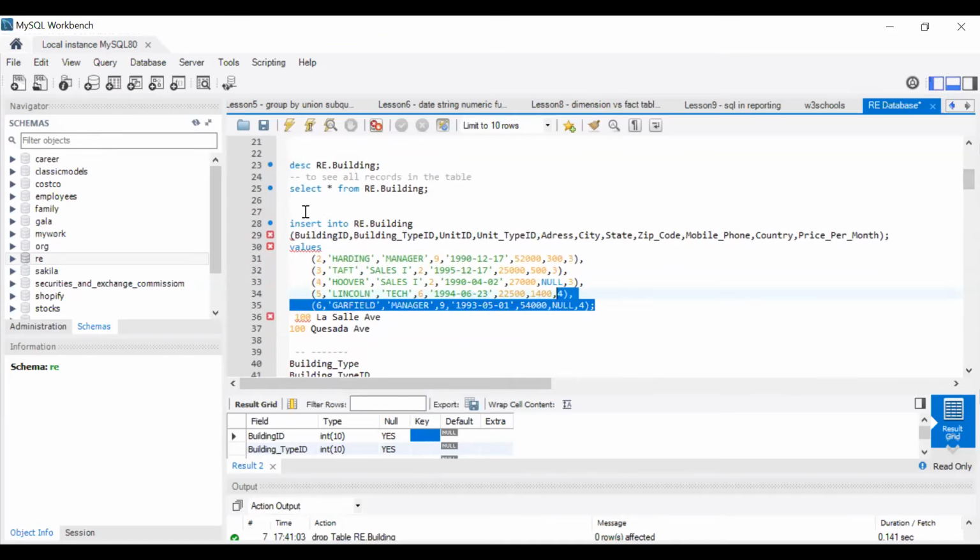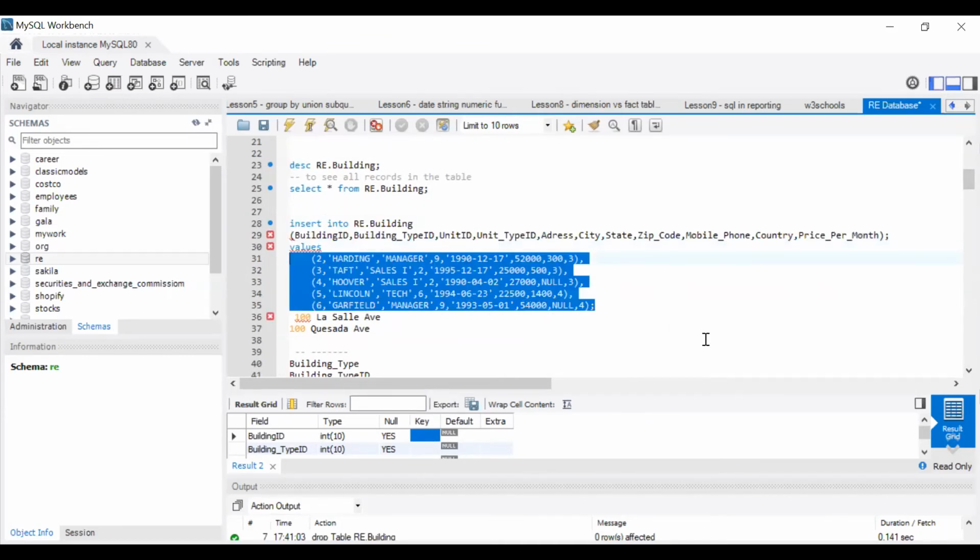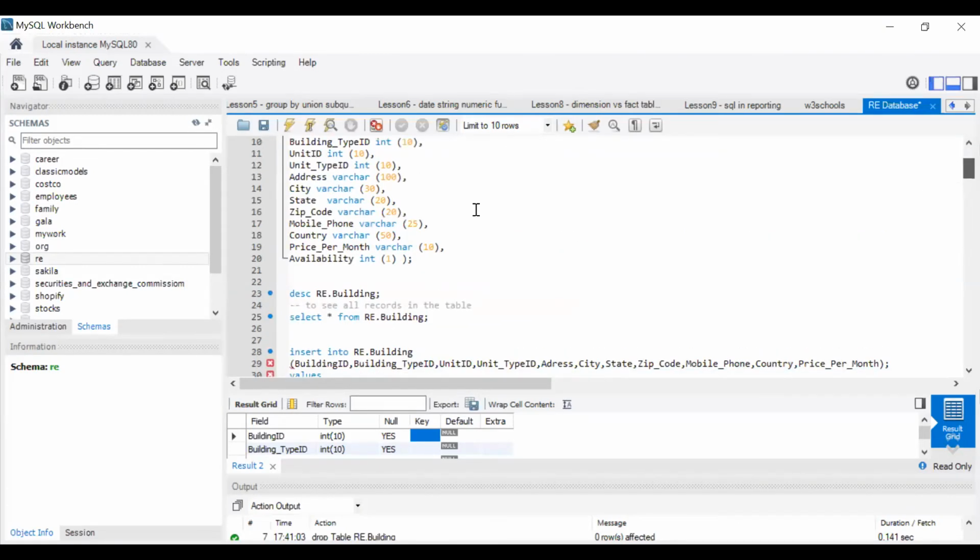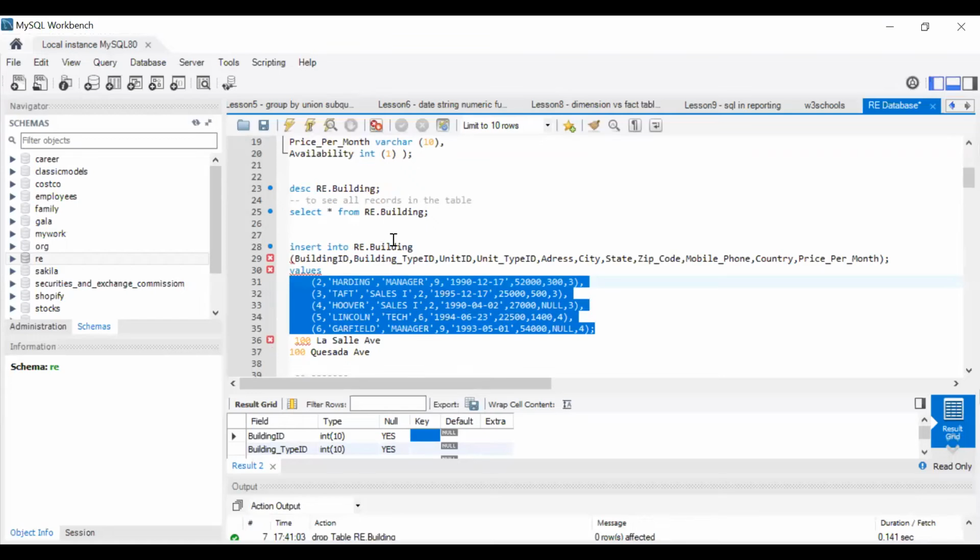So this is not correct yet because I didn't do it yet. In order for us to insert the records, we need to type insert into database name dot table name, and then in brackets, every field you want to insert into.